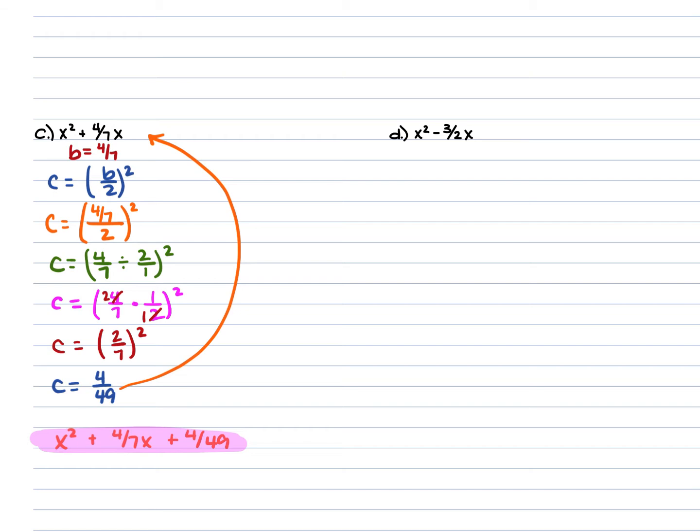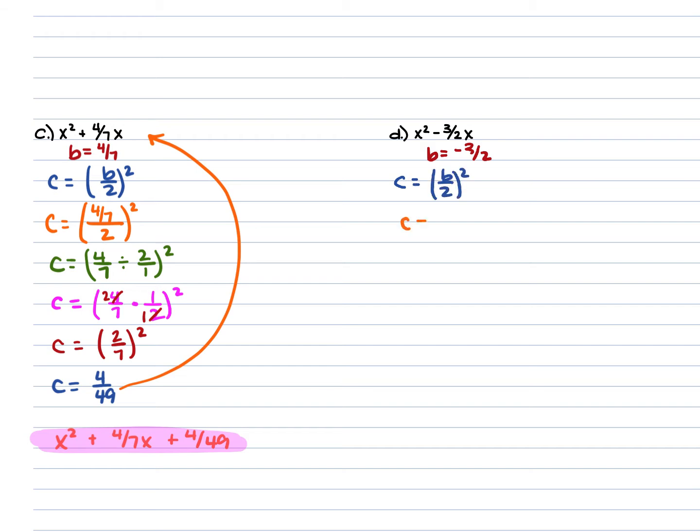For example D, we have x squared minus 3 over 2x. Our b in this case is negative 3 over 2. So to find c, we're going to do b over 2 squared.